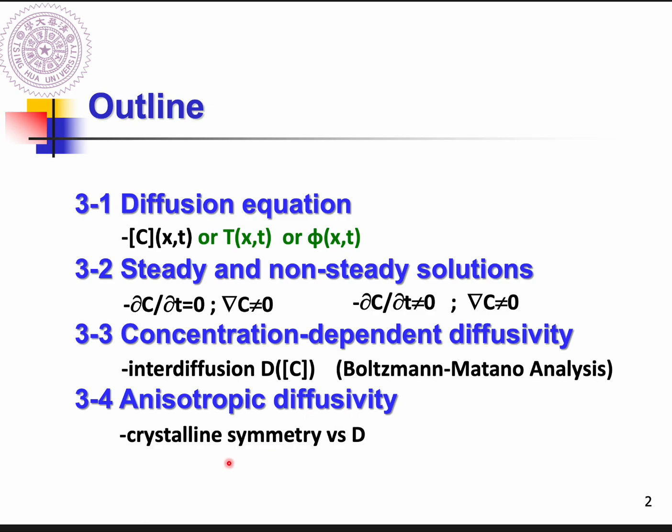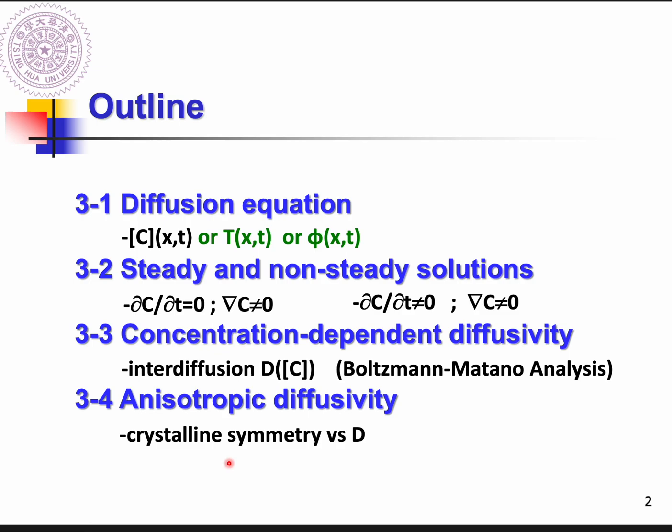But if you consider different crystal symmetries, I believe you will agree the diffusivity should be modified as long as we deal with tetragonal, triclinic, hexagonal, and so on. So I'm going to show you how to deal with it if the material structure we deal with is anisotropic, and how to modify the diffusivity.